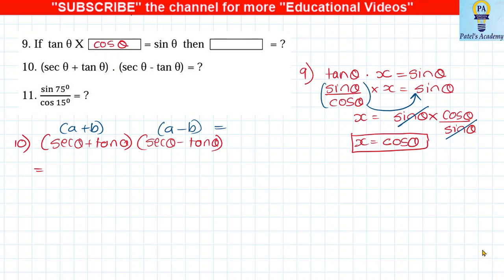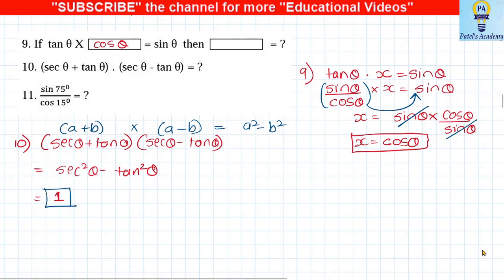We know that a plus b into a minus b is nothing but a square minus b square. What you will get is sec square theta minus tan square theta. By the identity, we know that sec square theta minus tan square theta is 1. The answer is 1. Okay, that is the answer for the 10th one.